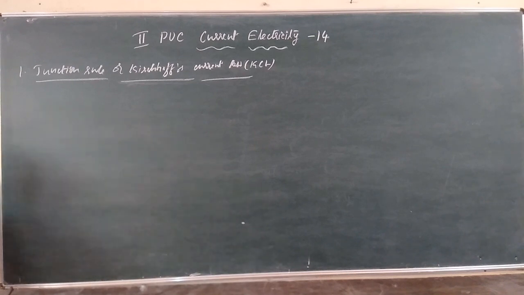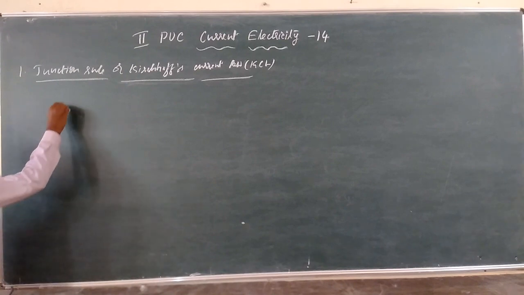So junction rule says that the algebraic sum of currents at a junction is 0.